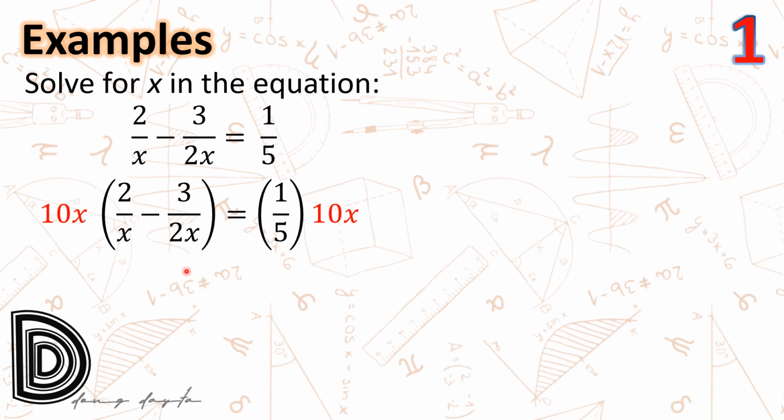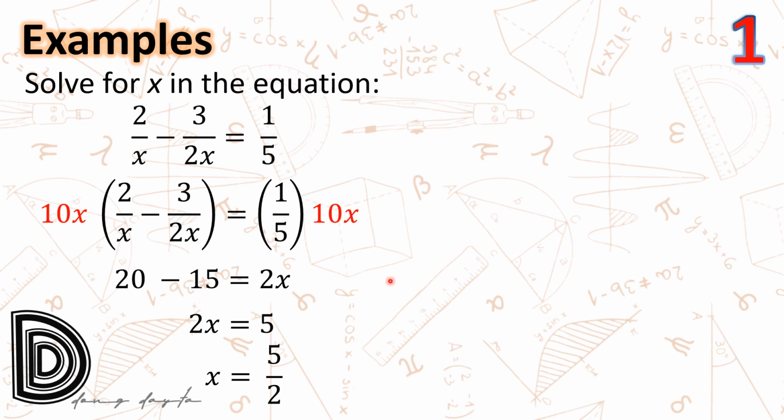Then we have 20 minus 15 on the left, and on the right side 5 and 10 can be divided by 5, so we have 2x times 1, so we have 2x. Then rewriting this equation, we have 5 equals 2x, and then dividing both sides by 2, we get x equals 5 over 2.